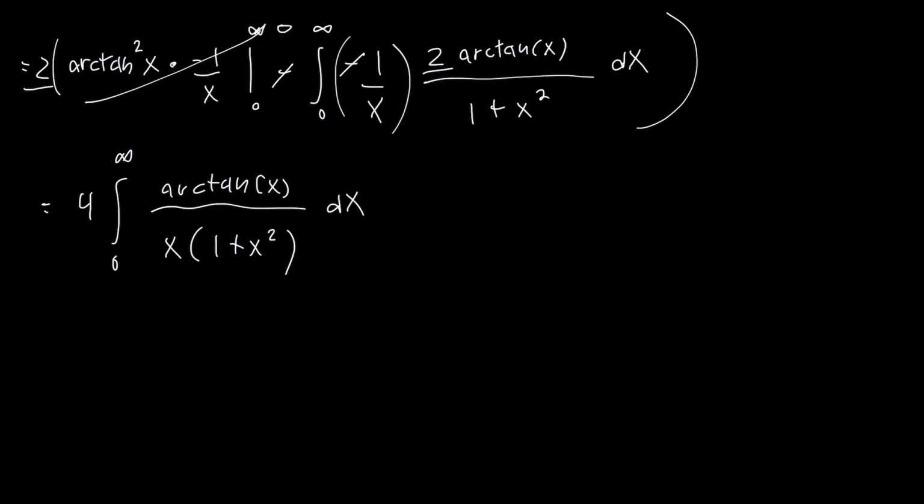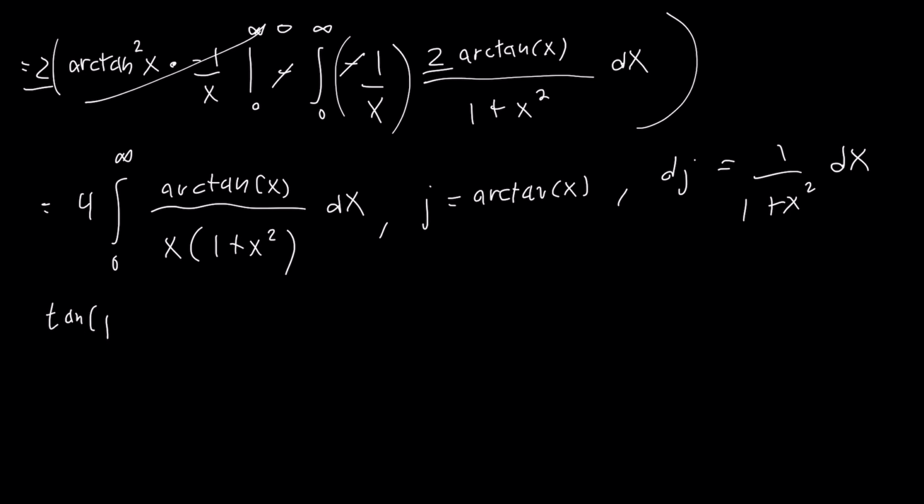And we'll make a substitution here. We're going to let j equal the arctangent of x, but it follows that dj is 1 over 1 plus x squared dx. And that means that the tangent of j is our new x, and the bounds of integration, j1 is 0 and j2 is pi over 2.